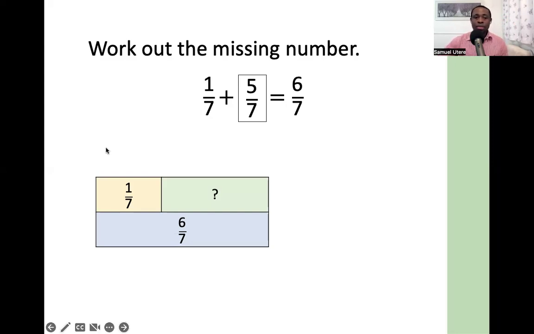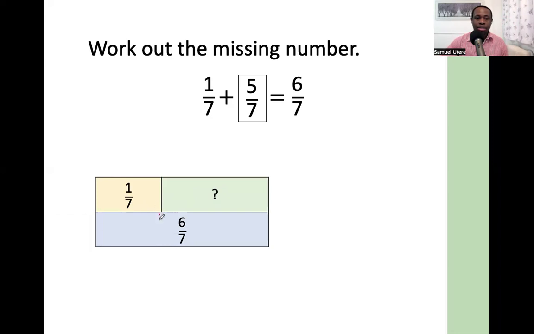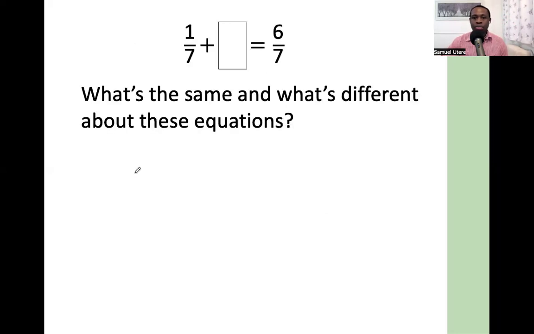So to be able to find this that we do not know, it's a bit like saying, right, let's slice off this bit from 6/7, and whatever is left will have to be this. And that is what is represented by 6/7 minus 1/7, and that should be 5 over 7.